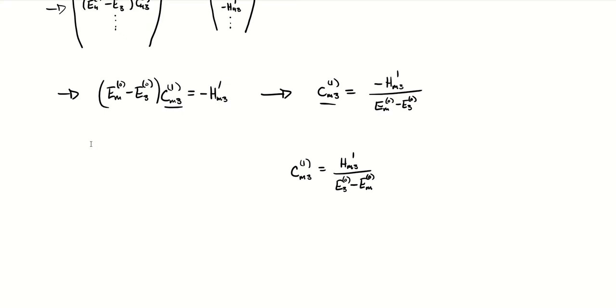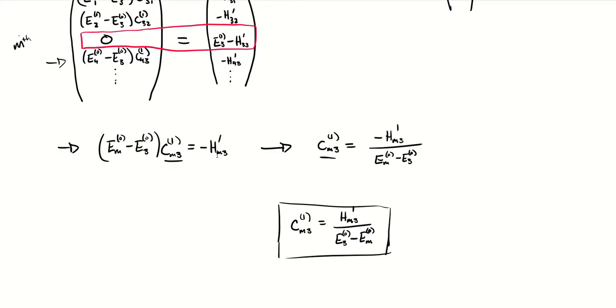How far is that away from the unperturbed energy state we're looking at? And this is what that C_m3 coefficient looks like. This is for all rows in this equation, except for m not equal to n. And that gives us our coefficient.